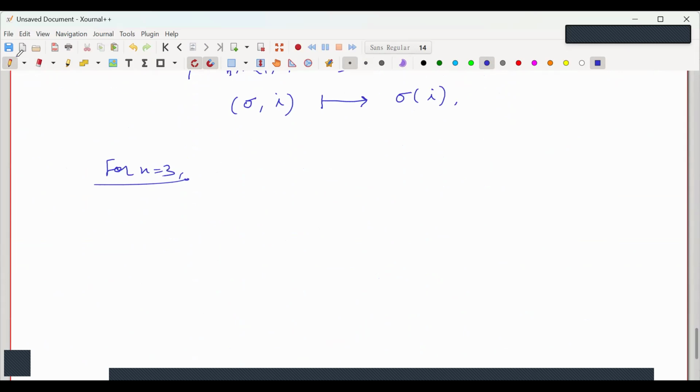So for n equal to 3, let S be {1, 2, 3}, and G is S3, and the action is by conjugation.